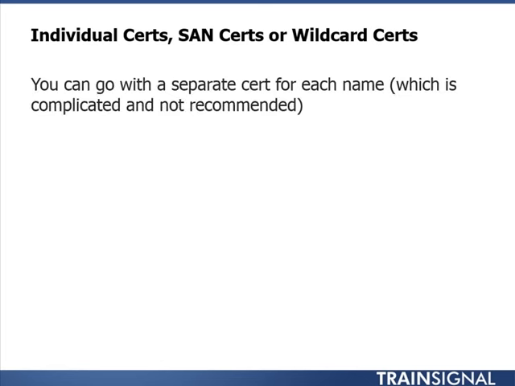But in terms of the types of certificates that we want, one of the things you can do is go with a separate cert for each name, which is complicated, not recommended, and really unnecessary. It is an option, and that's why it's listed here, and it's important when you're thinking of the certification exam that you know all of the possibilities as well as the best practice solutions.